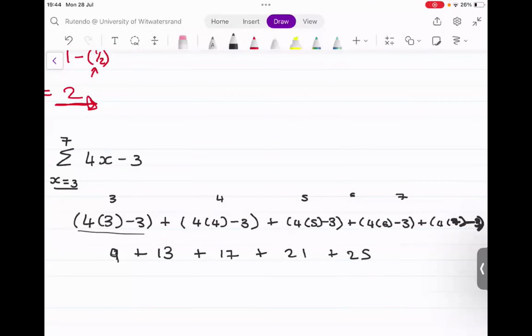So this is your series now, and you can find the sum either by adding all of these up, because there are only 5 of them, or you can use your sum formula for arithmetic sequences, because this is adding 4, adding 4, adding 4. So you use your Sn formula.